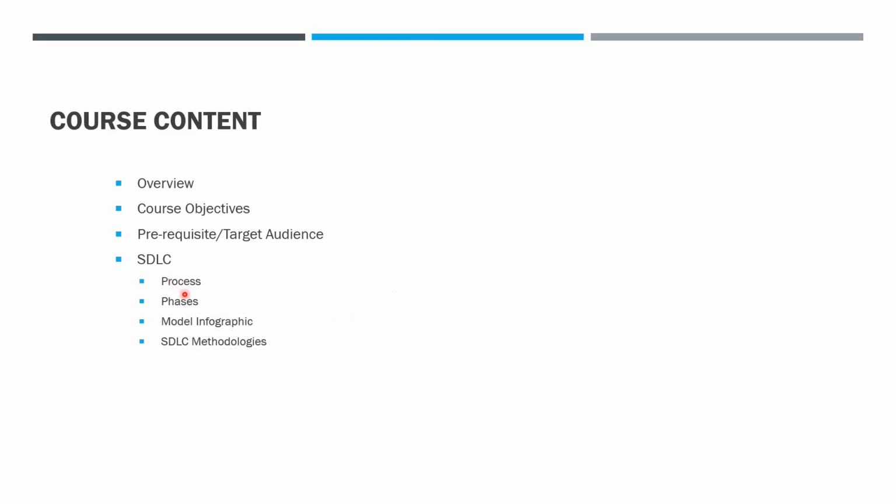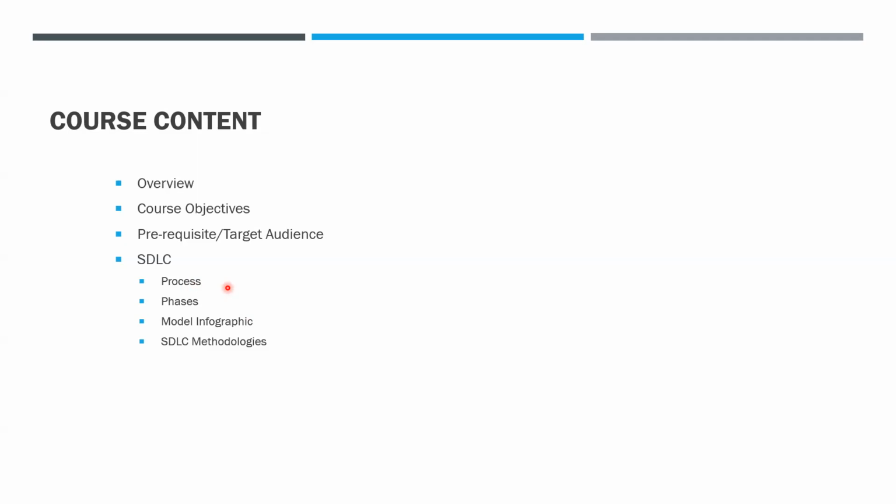All right, so the SDLC, as I mentioned, software development life cycle, has a couple of sub materials within it, and that sub material is about process. The process about how it works. Process involves mechanism, thinking, and connecting.